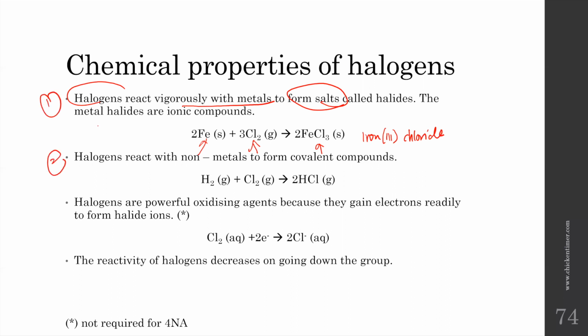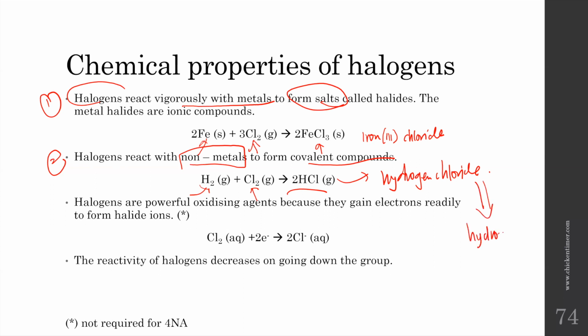Number 2, they react with non-metals to form covalent compounds. So hydrogen is a non-metal. It reacts with chlorine, you get hydrogen chloride. And hydrogen chloride, when it dissolves in water, will become hydrochloric acid.